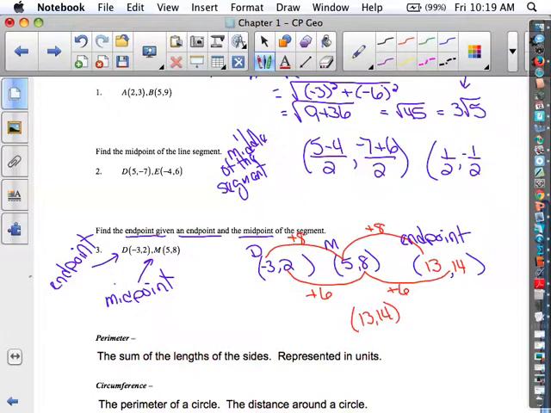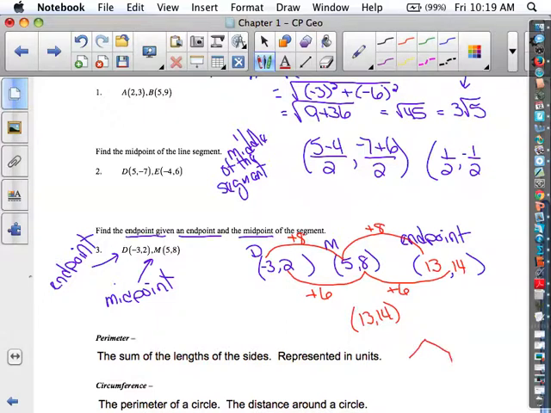Okay? This section now is about perimeter, circumference, and area. So it's important to go back over those definitions of perimeter. The perimeter of a polygon is the sum of the lengths of the sides, and it's represented in units.